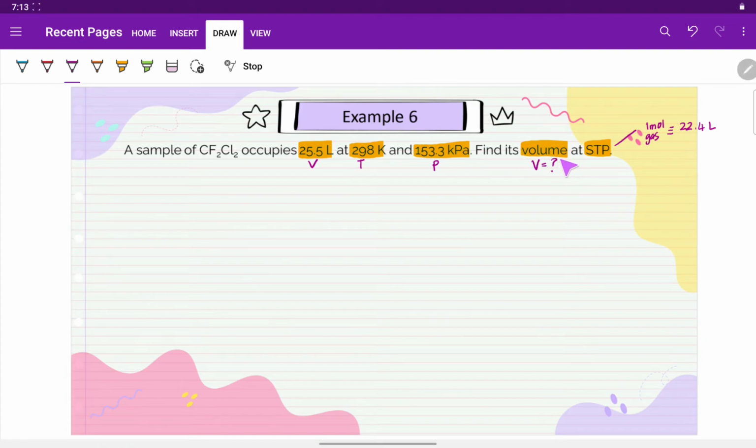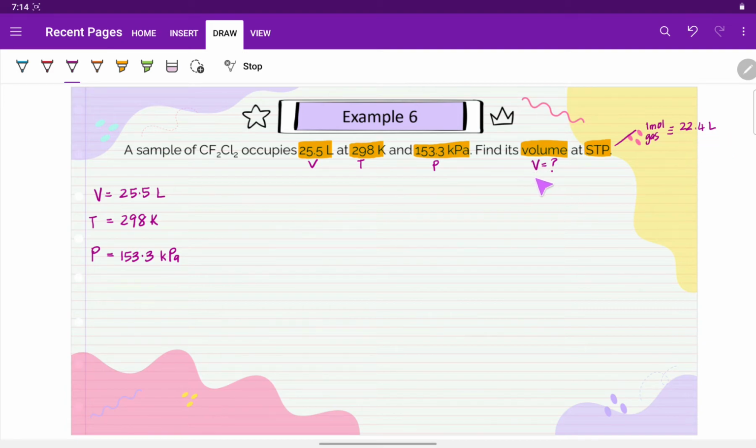Okay. Now, so dekat sini, untuk kita cari volume at STP, kita kena ada number of mole. Okay, so awak check balik. Ada tak information untuk dapatkan number of mole? So, kita tulis dulu information kita. Okay, so tadi macam saya bagi tahu, kita nak kena ada number of mole of gas supaya kita boleh gunakan maklumat dekat sini, stoichiometry over here to find the volume at STP.